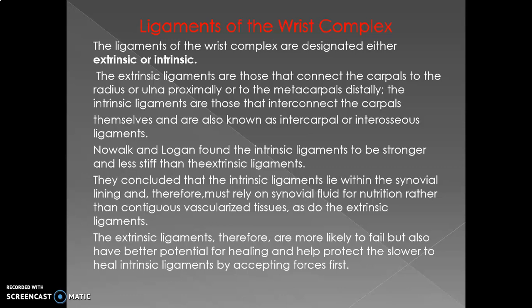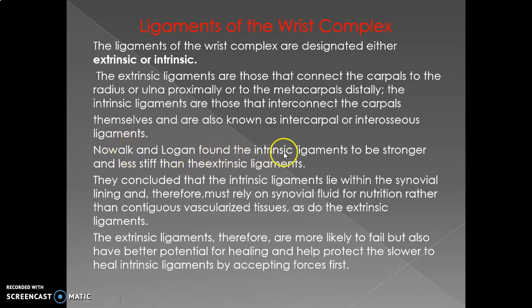All other ligaments, which connect the carpal bones to each other, the intercarpal ligaments, are called the intrinsic ligaments. So the extrinsic ligaments are those that connect the carpals to the radius or ulna proximally or to the metacarpals distally. The intrinsic ligaments are those that interconnect the carpals themselves and are known as the intercarpal or interosseous ligaments.